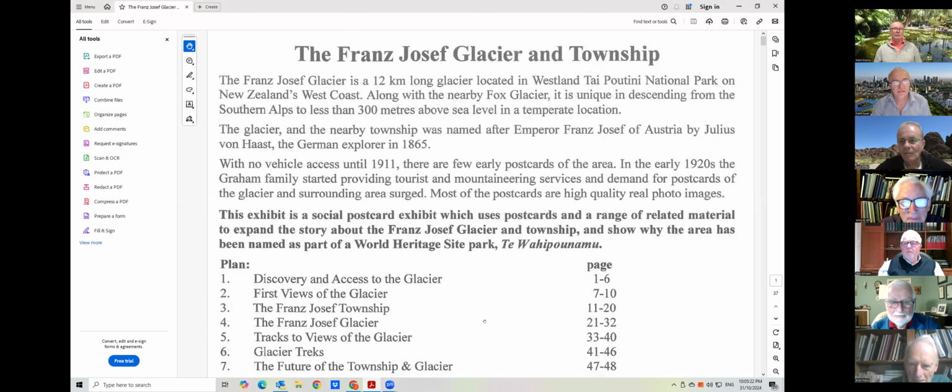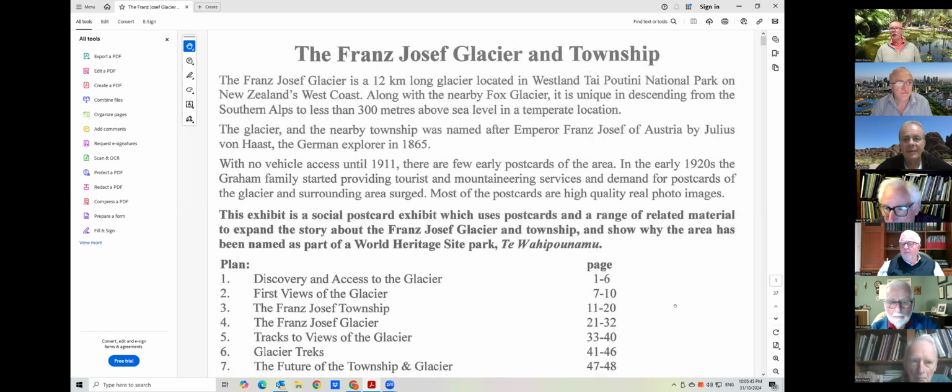Is that it? Yep. The Franz Josef Glacier Township. Okay, front page. So how do I get rid of that bar at the top? With PDFs, you can't. You can only do that on PowerPoint.